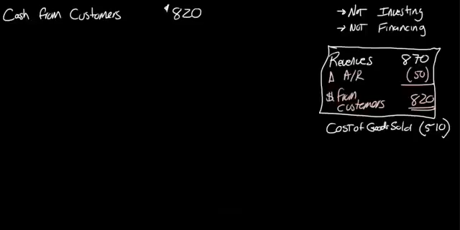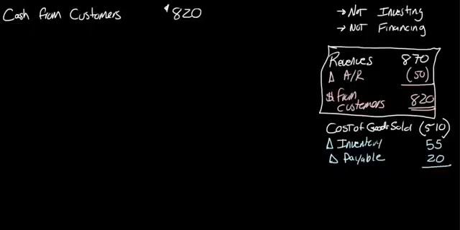So I'm going to put under change in inventory a positive 55, and my change in payables, a positive 20.